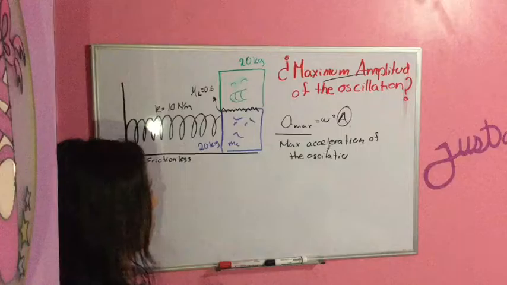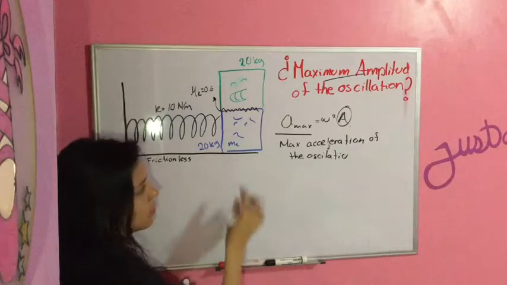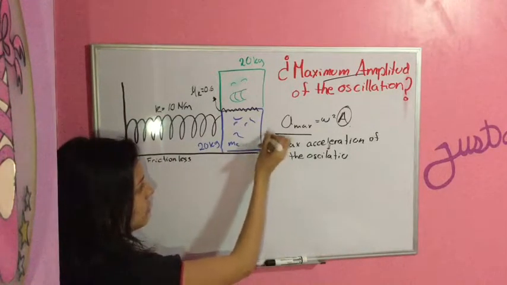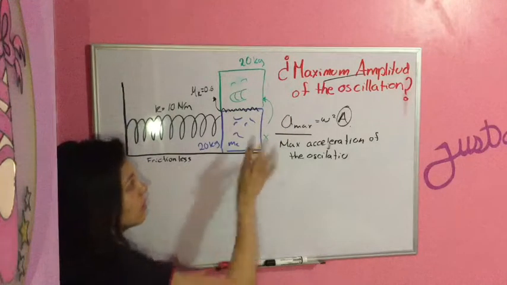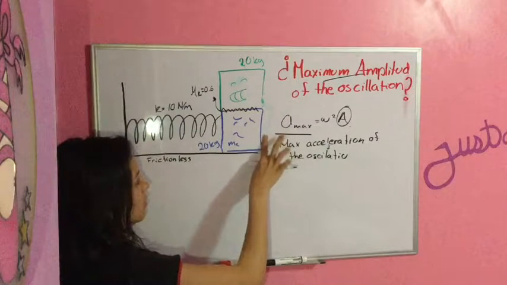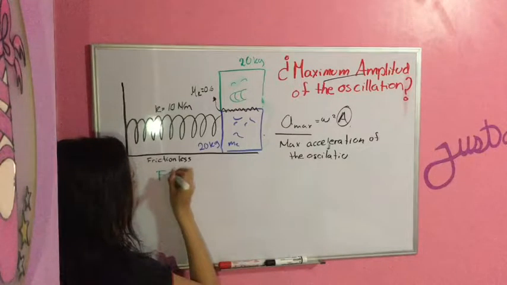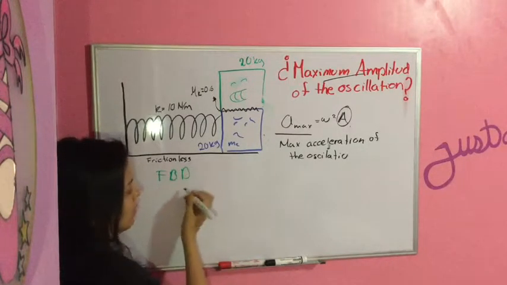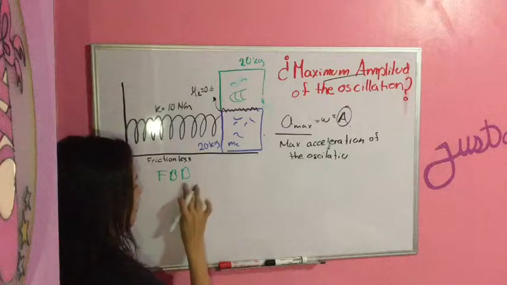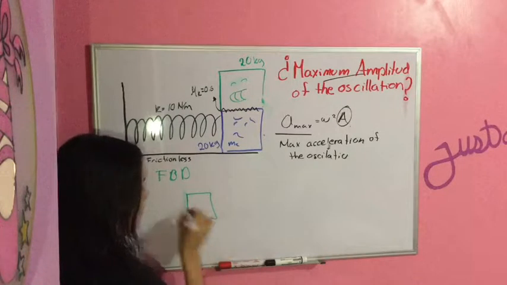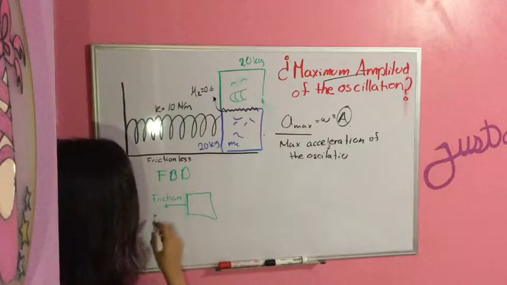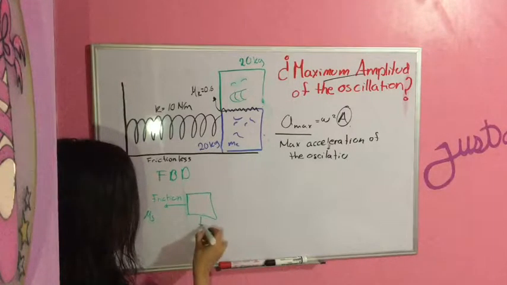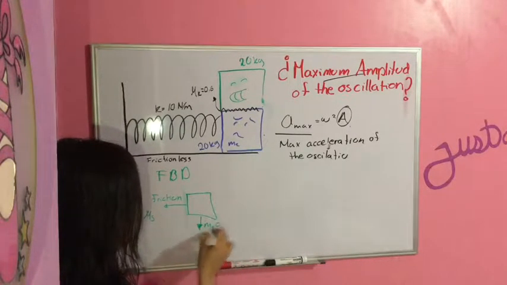Because at the surface we don't have friction, but the other block has a coefficient of friction of 0.6. So we'll have to draw a free body diagram where we can show the friction acting on the block, as well as the weight acting on the green block at the top and the acceleration.